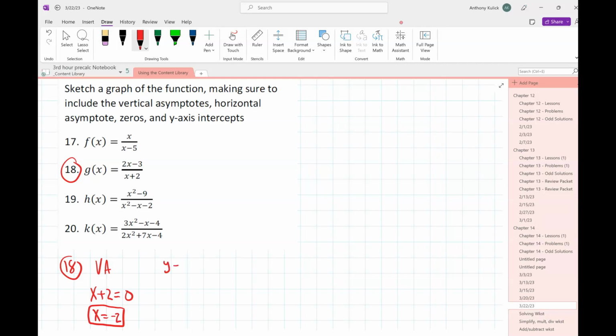To find my y-intercept, I just plug 0 in for x. So there's my y-intercept. The zeros, I take the numerator and set it equal to 0.